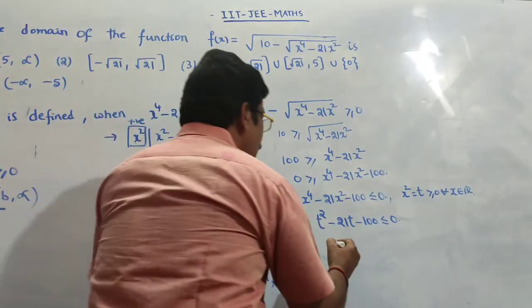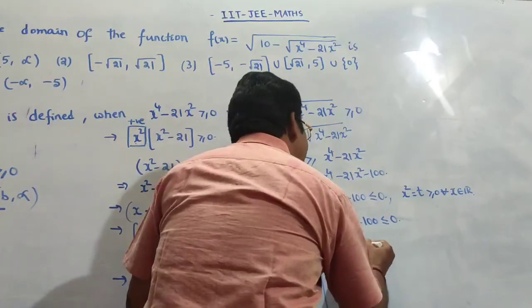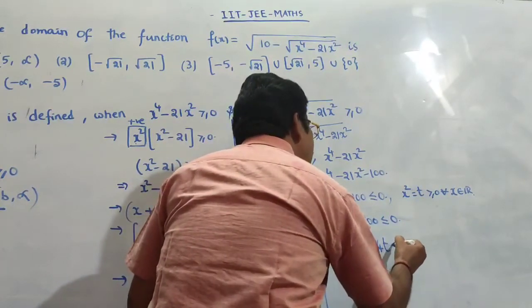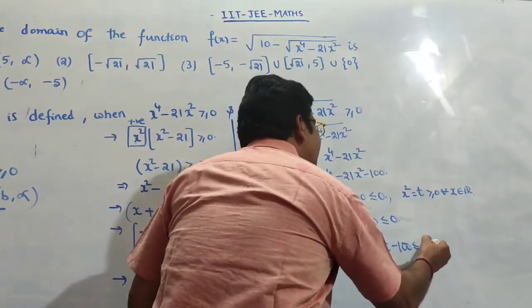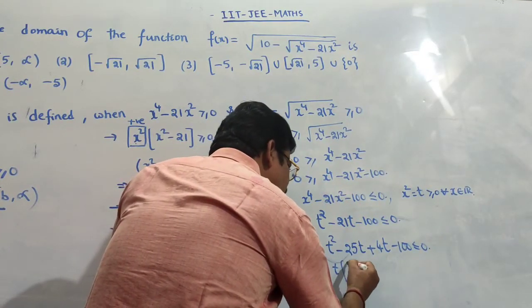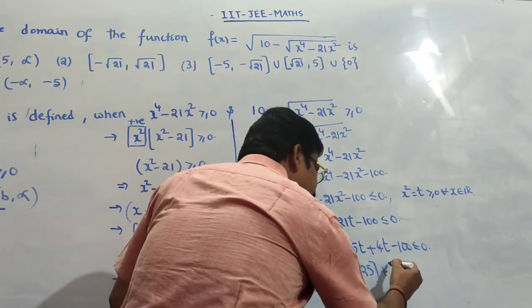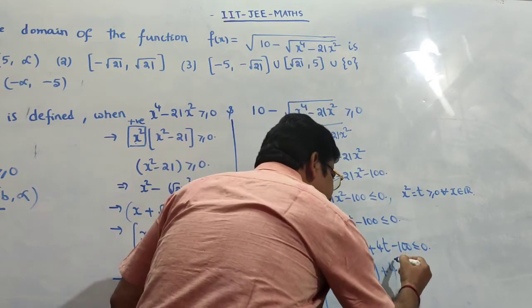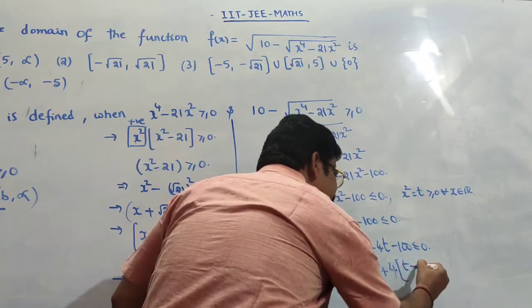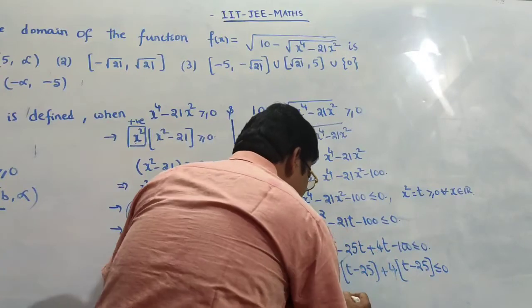Okay, correct. So t square minus 25t plus 4t minus 100 less than or equal to 0. So factors: t into t minus 25 plus 4 common, t minus 25, is less than or equal to 0.